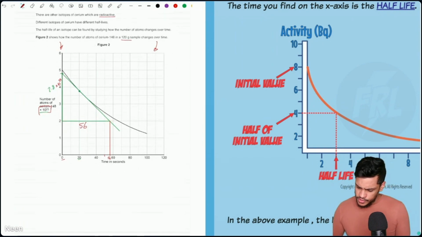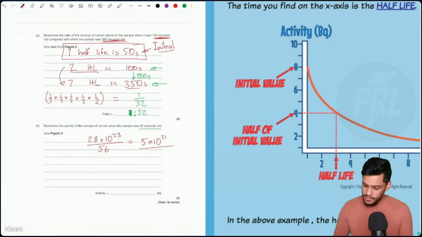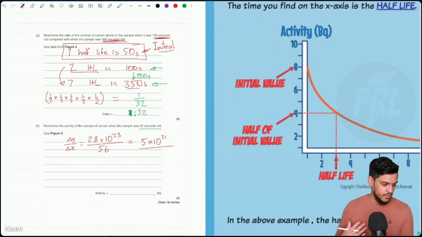You just need to then draw a triangle and find the change in y over change in x. Your numbers are going to be different to mine, but just show your working to get the marks. Change in y over change in x. Always draw the triangle to show the examiner that you've actually tried the question and you know what to do. Even if you make a mistake here, at least they can give you working-out marks. So you do that and you get your answer, 5 times 10 to the 21.